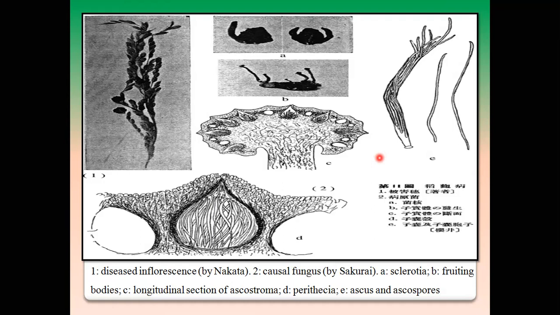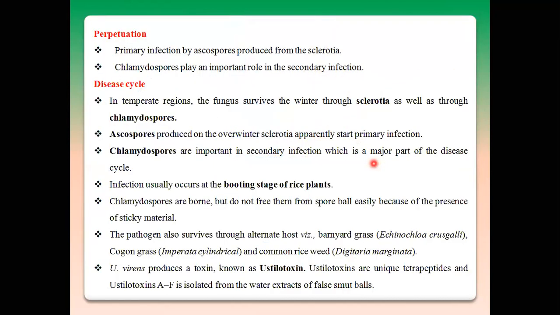Sometimes this pathogen also survives on alternate hosts, that is barnyard grass, Congo grass, or some wild varieties of rice.